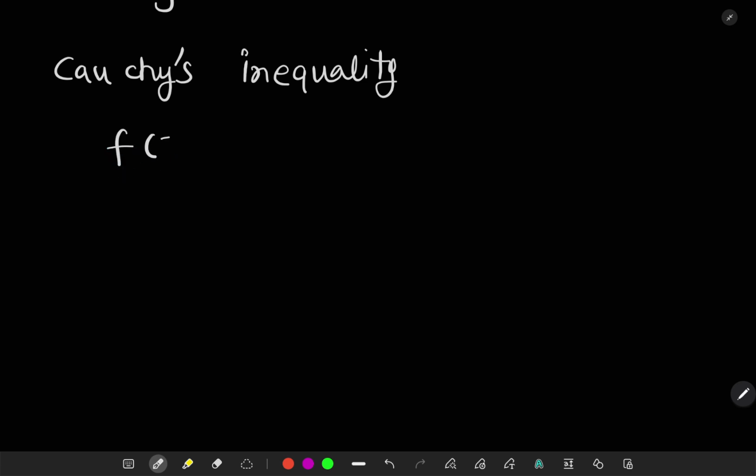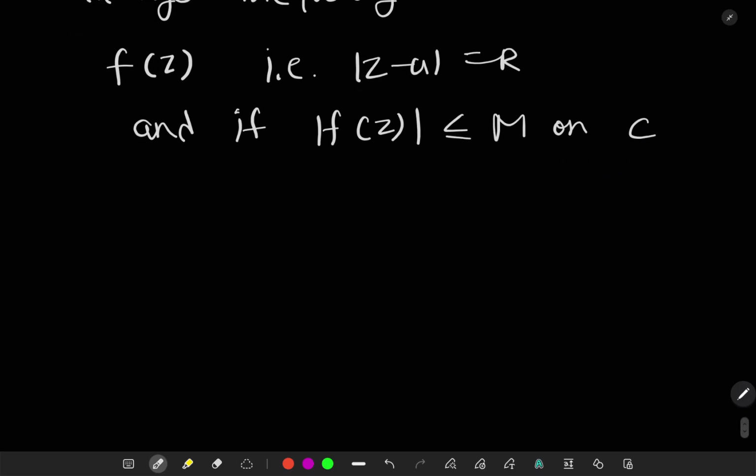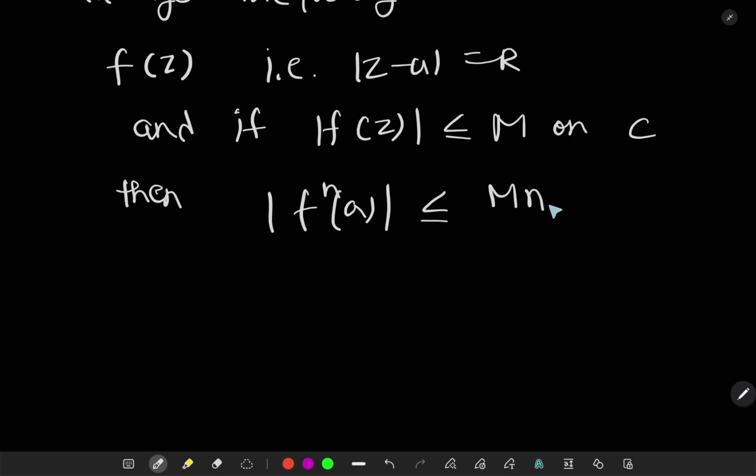If f(z) is analytic within a circle |z - a| = r, and if |f(z)| ≤ M on the circle C, then the modulus of f^(n)(a), the nth derivative, is ≤ M n!/r^n.